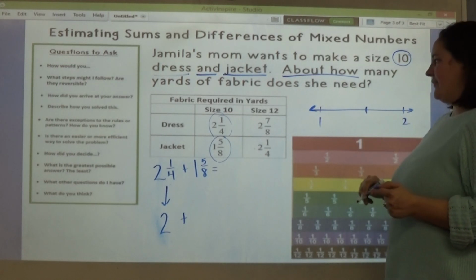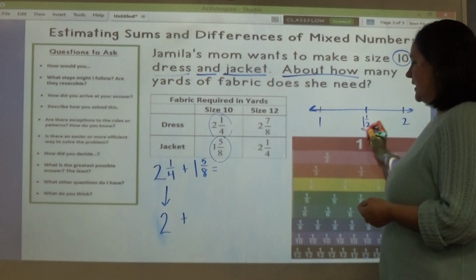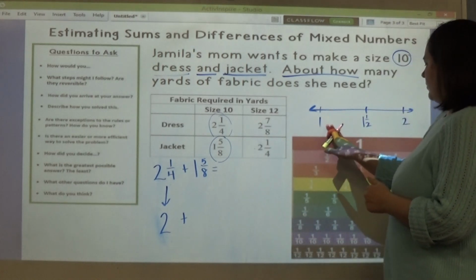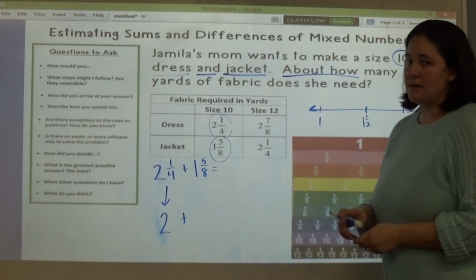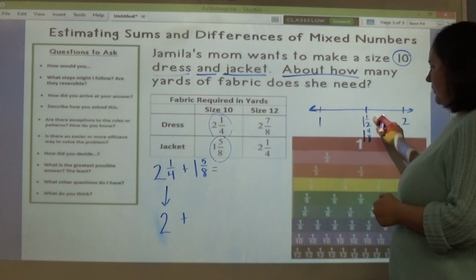Exactly halfway between 1 and 2 is 1 1/2. I'll mark that on my number line. Now I'm looking at eighths, so a half in eighths is going to be 4/8. So I'm going to write 1 4/8 to represent 1 1/2.